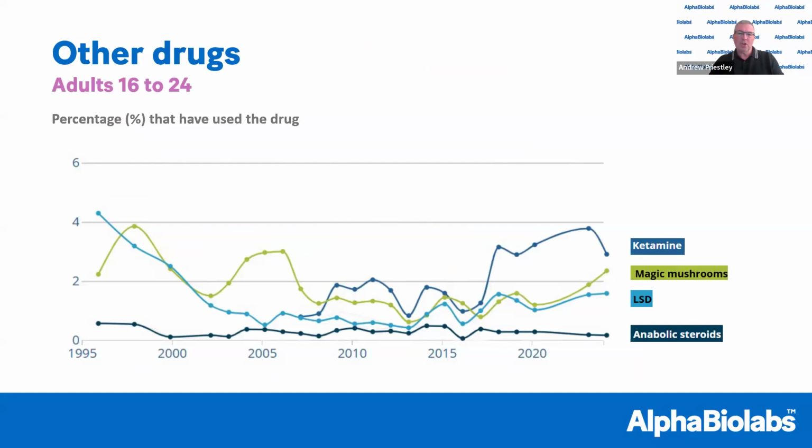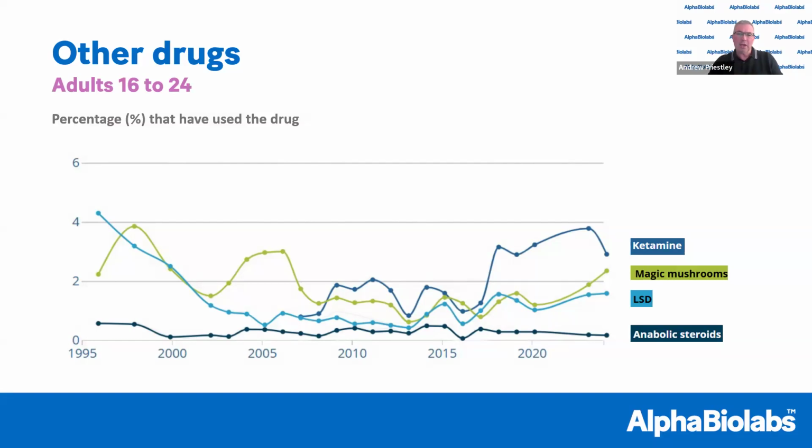And then looking at those other drugs for the younger age group, you can see that ketamine, which sort of came about around 2008, 2009, you can see from the graph there. It peaked about 2 years ago, about 4% of 16 to 24-year-olds were at least trying ketamine. It's dropped off in the latest report, but it's still about 3%.